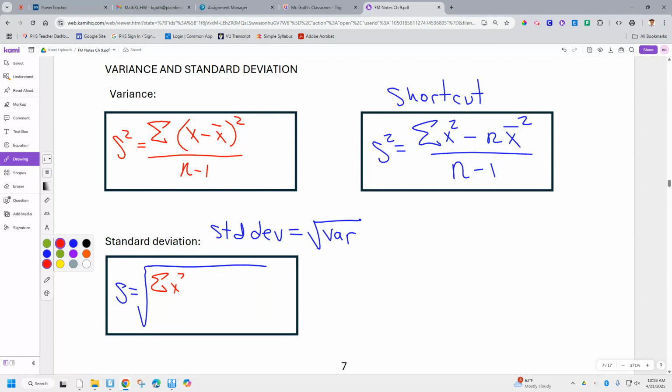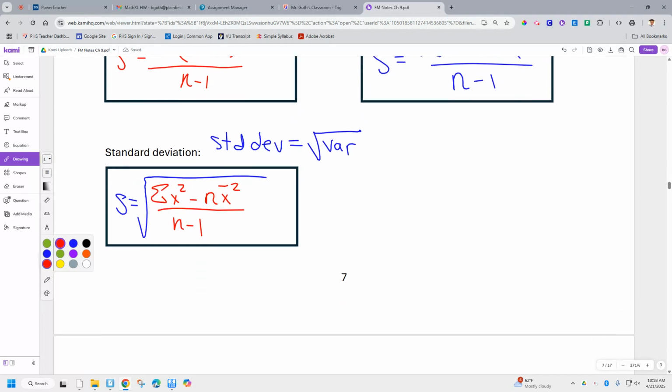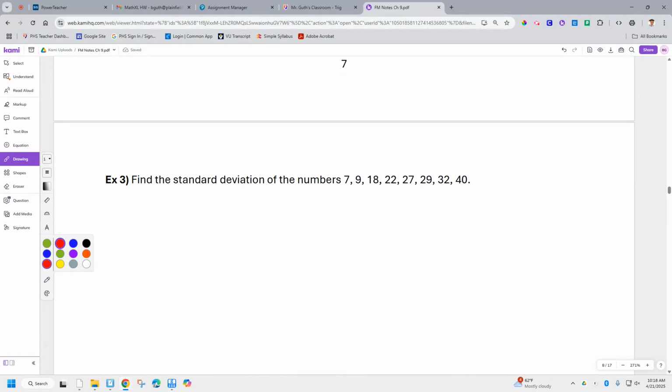Sigma x squared minus n x bar squared over n minus 1. Standard deviation is the square root of the variance. Now that's standard deviation of a sample. Sample is just if I picked 30 people to represent the entire school. Finding the population is a lot harder.